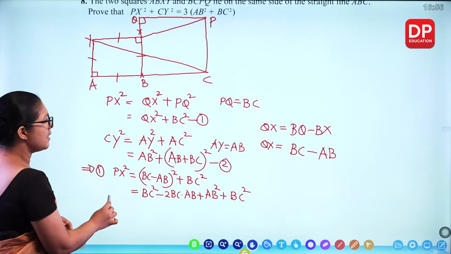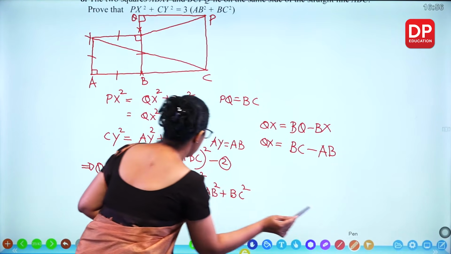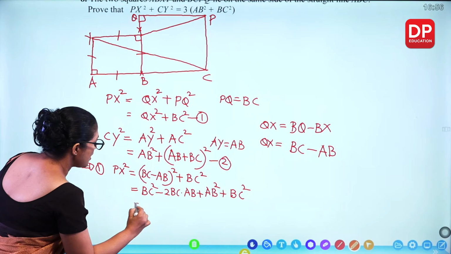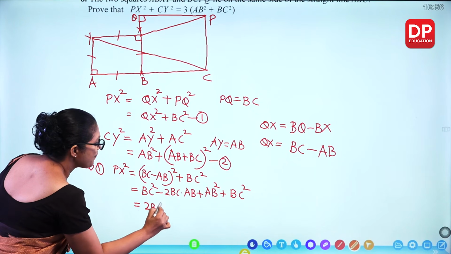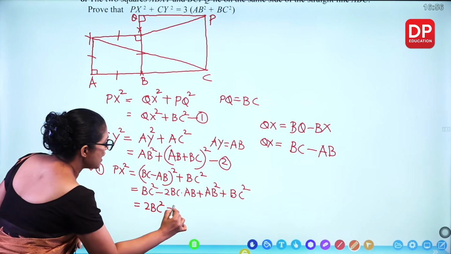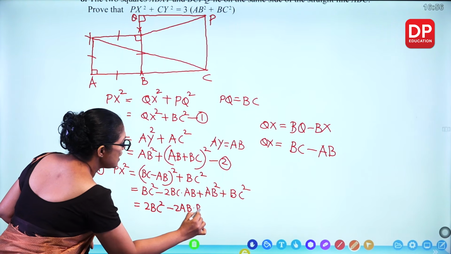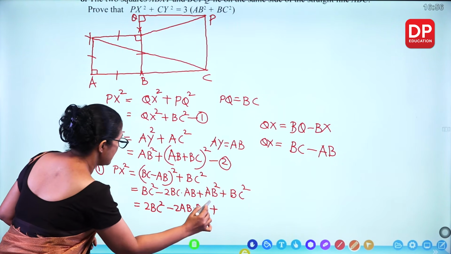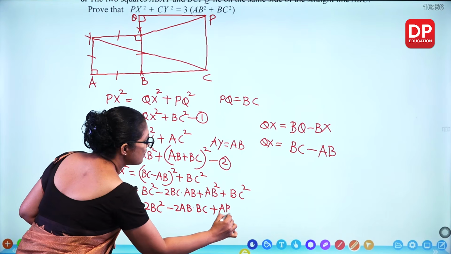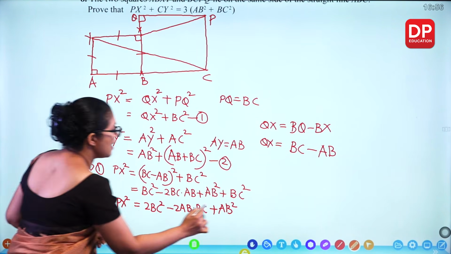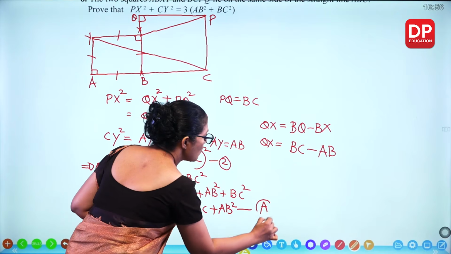So simplify. I am getting 2 BC squared minus 2AB BC plus AB squared. That's my A equation.